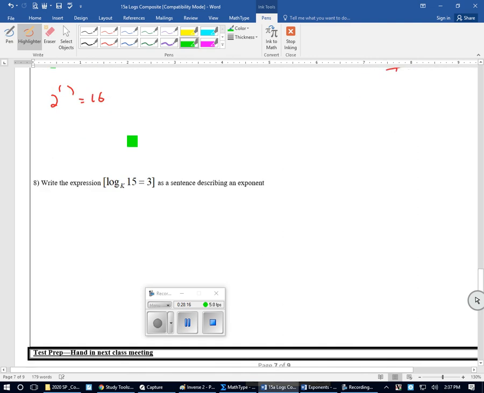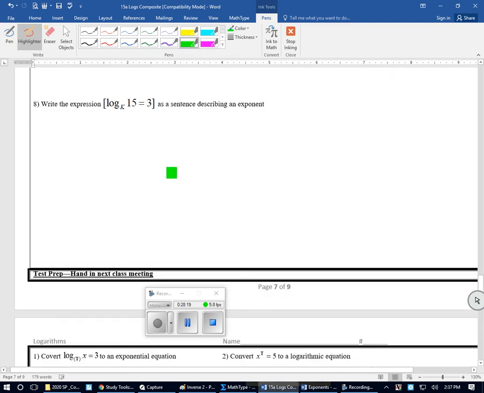And here we go. The last question. Now, don't worry about the stuff at the bottom. I want you to write a sentence describing that using this format. The exponent on, and what is my base here?